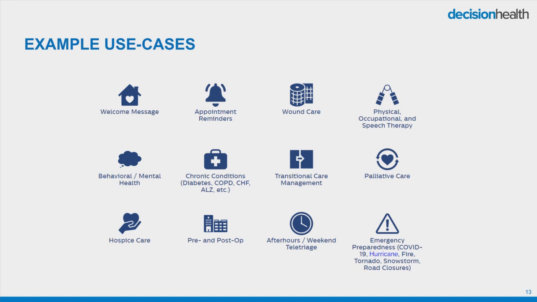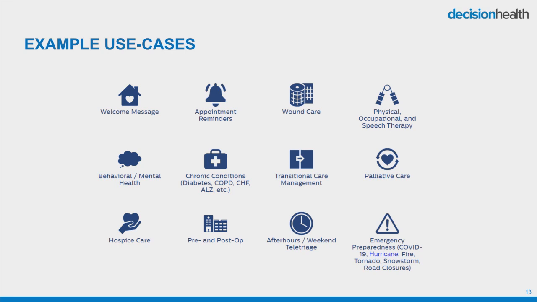Now, the lower right-hand side is the emergency side, and Lynn and I both reside in Florida. In addition to COVID, and Concierge sending out messaging about making sure people are aware of the precautions they should take to protect themselves from COVID, there's also, unfortunately, hurricane season, which is upon us in Florida.